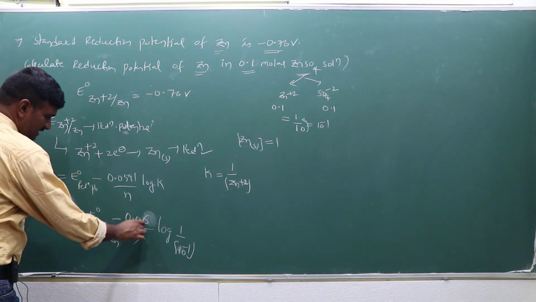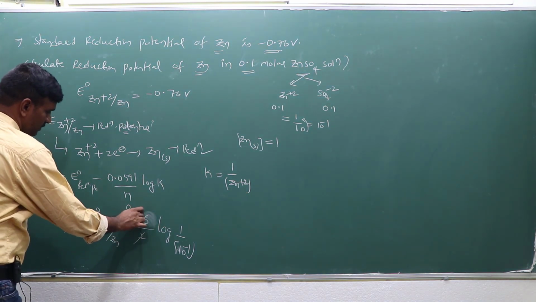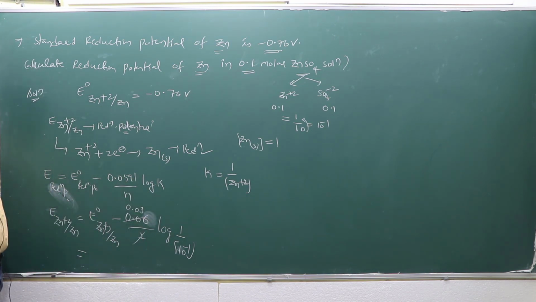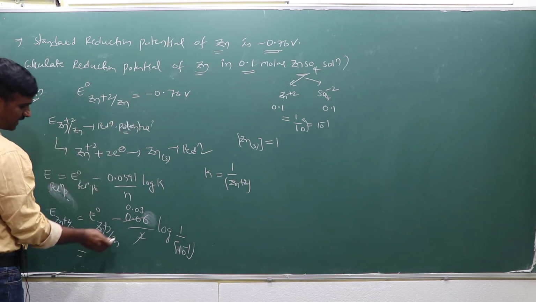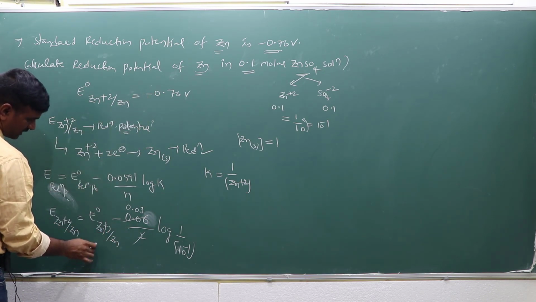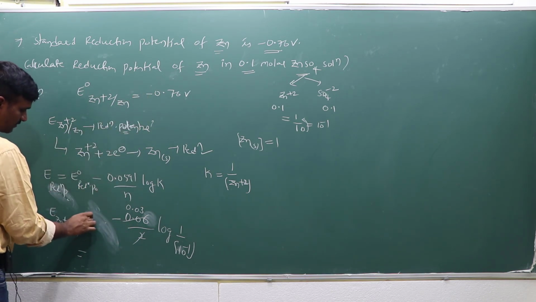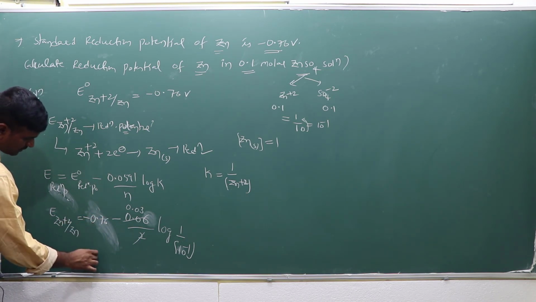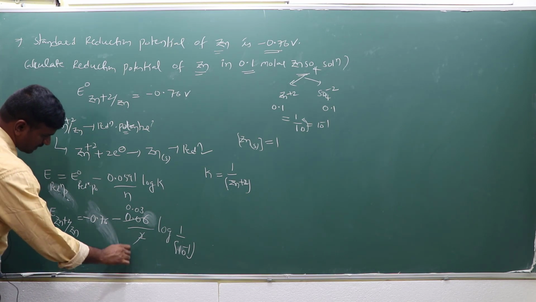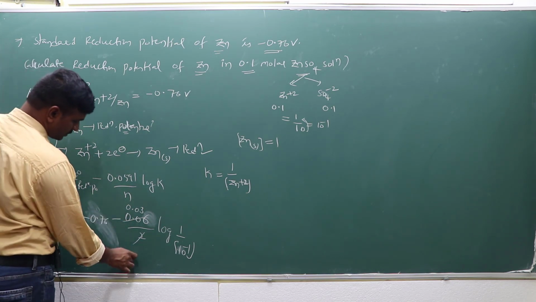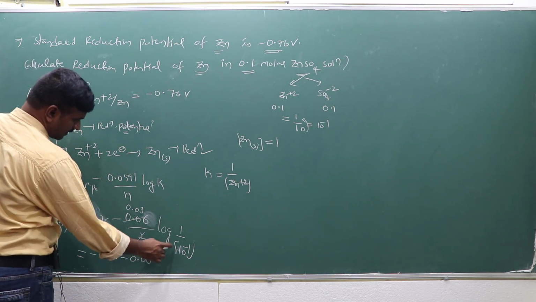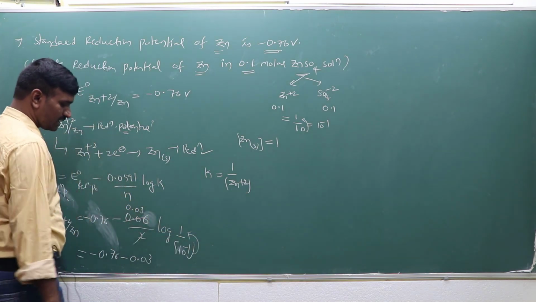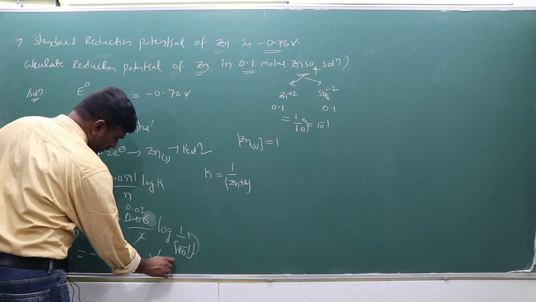Now, if cancellation takes place approximately, this is 0.03. And E0 of zinc plus 2 to zinc is how much? Which is mentioned as minus 0.76. So directly, this value is minus 0.76. And this is 0.03. And this 10 to the power of minus 1 is shifted from the denominator to the numerator, plus log 10.